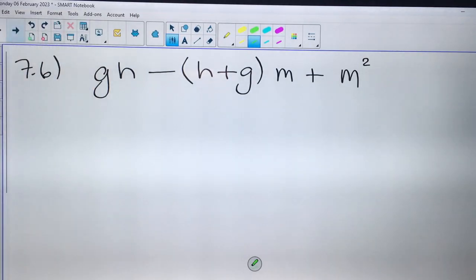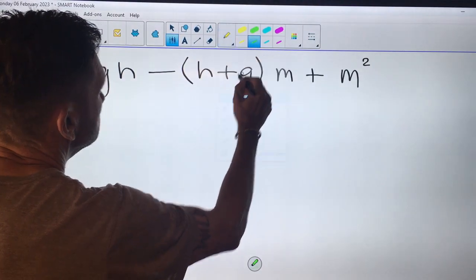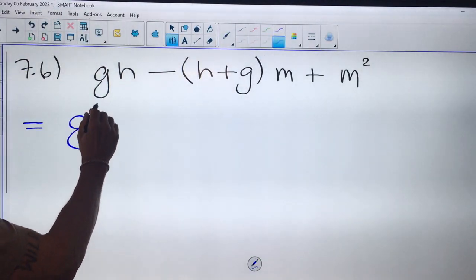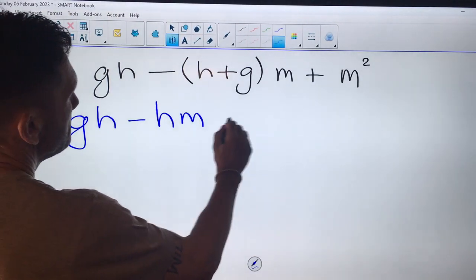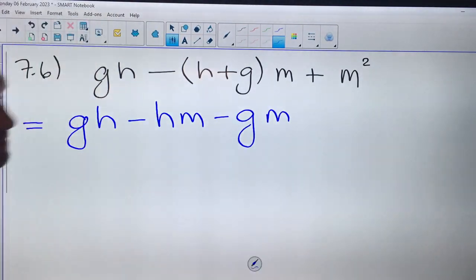And what do we do with this one? You see again we have the bracket in the center, so what do you think? That's a good plan. First we multiply it out. So there's the GH minus HM minus GM.